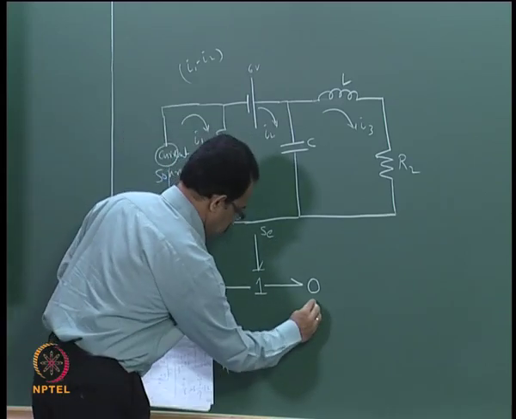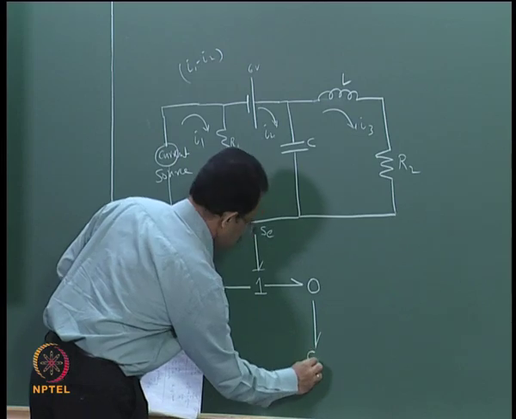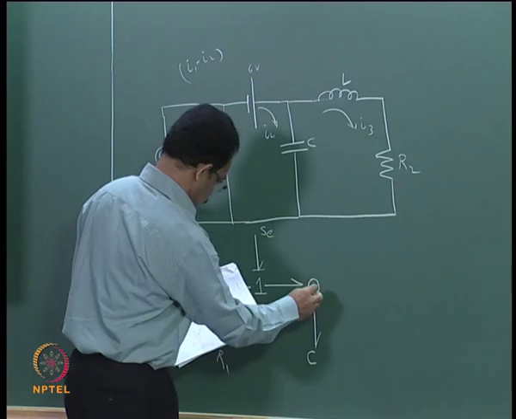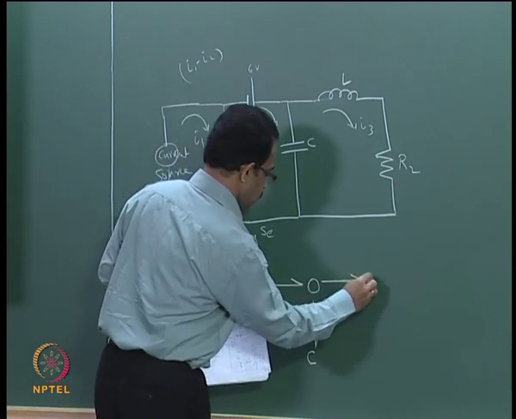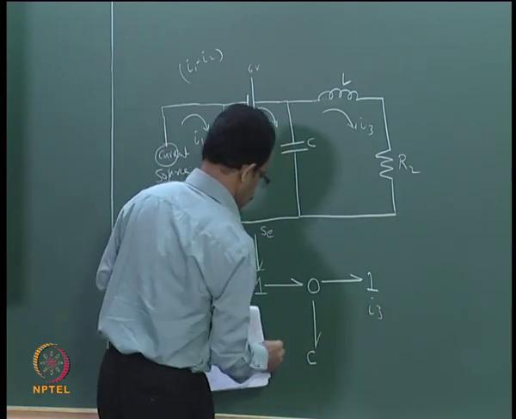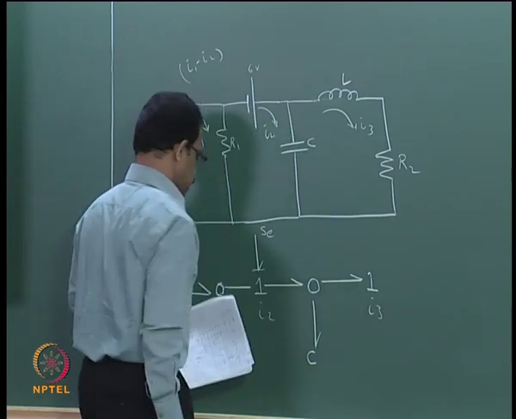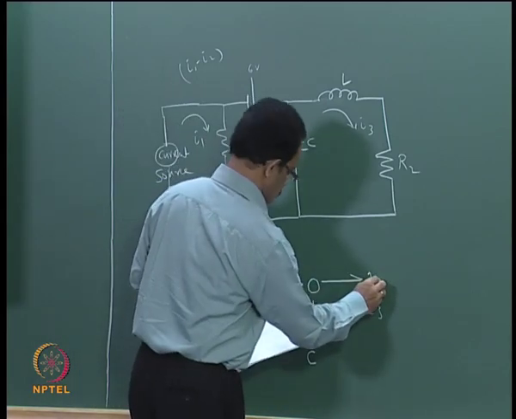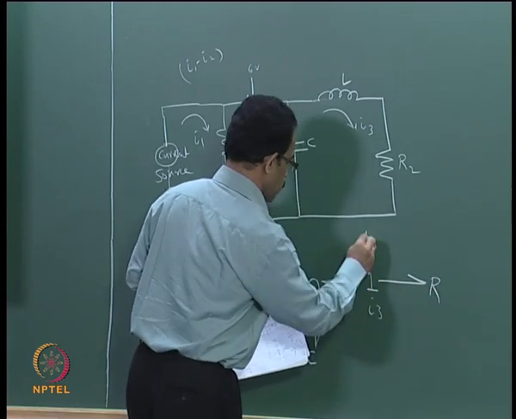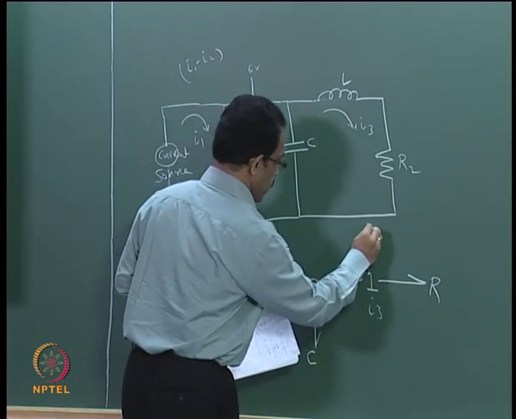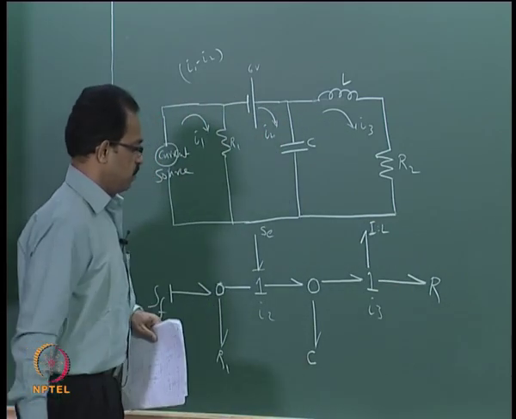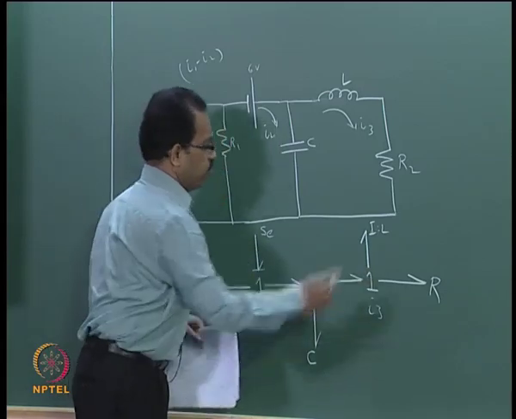Then we have the C element, the capacitor, and a 1 junction where we have I2 and I3, attached to the R element and the I element, which is the L element or inductance. This completes the bond graph model for this circuit.